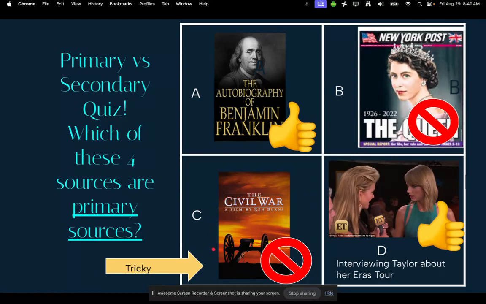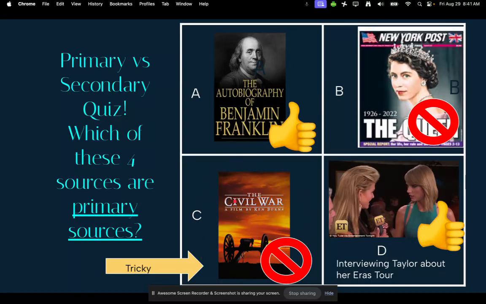Now, documentaries can be kind of tricky. So, documentaries themselves as a whole are considered a secondary source. But with that said, a lot of times with documentaries, they'll have primary sources embedded within them. So, for example, during the Civil War, if this documentary had letters that soldiers would write home to their families, then those sections of the documentary would actually be considered primary sources because it's coming from text from people who witnessed the event.